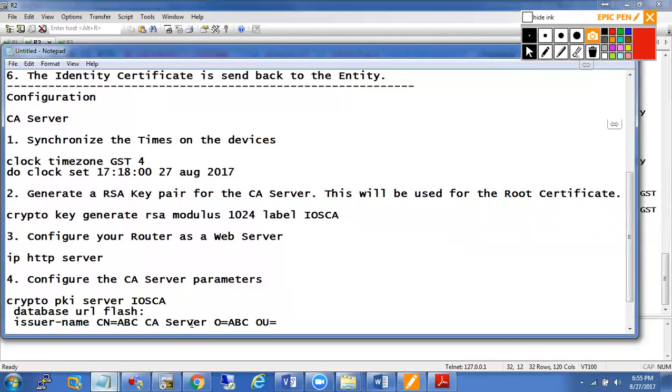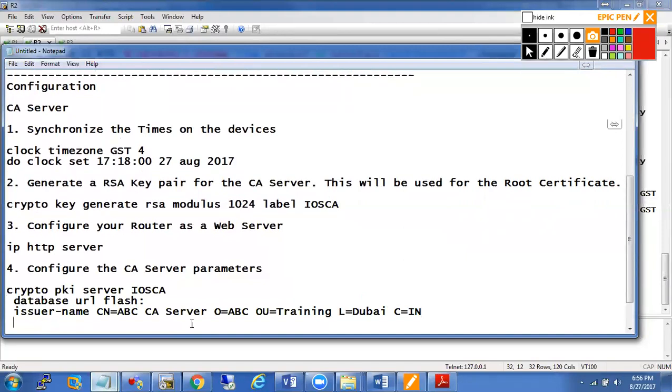Organization unit, like a department, let's say training. Then you can say locality, which is Dubai, and country, IN. This is just a format. Generally on the exam, they will give you this information. And at that point, all you got to do is no shut. That's how you create a CA server. Specify the location, specify the information that you want to put on the certificate server, and bring the server up.